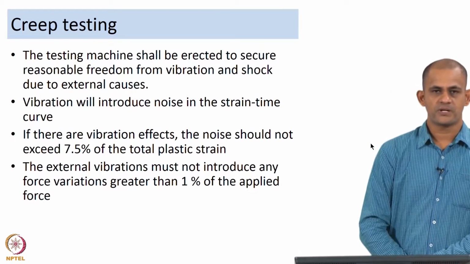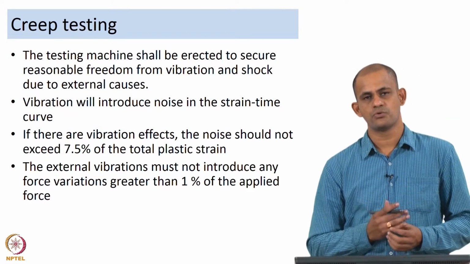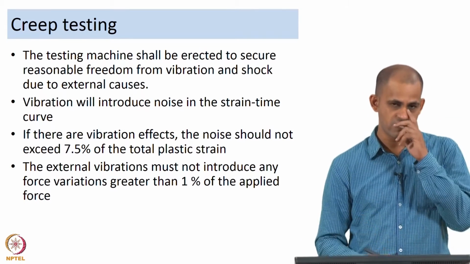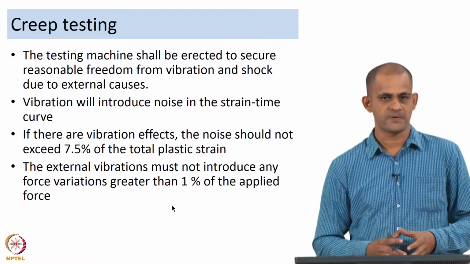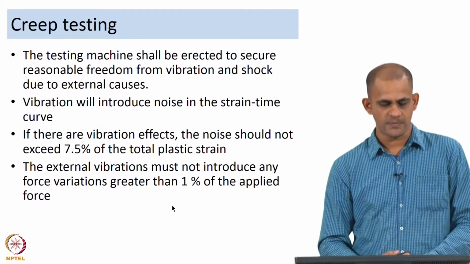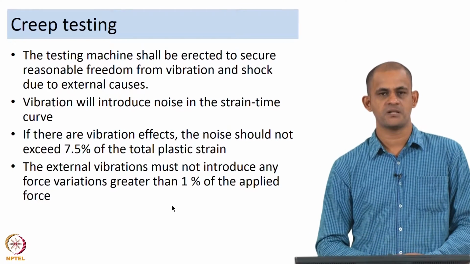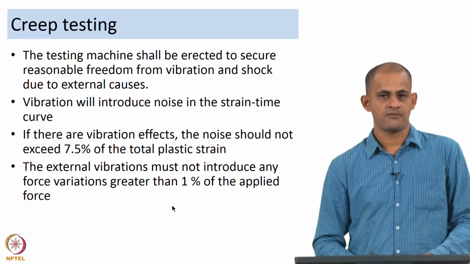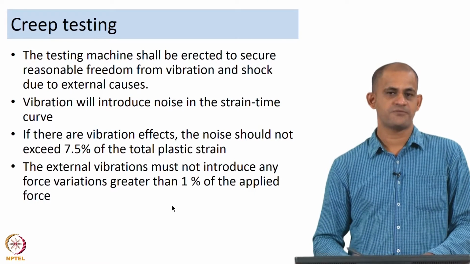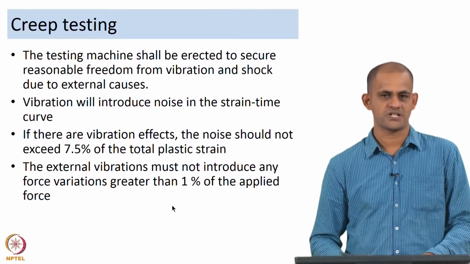Now, once you know the type of test that you are planning on doing, then what becomes important is the actual creep test. When you are doing your creep test and you have a creep testing machine, you have to ensure that your creep testing machine will be erected in a place which is free from vibration and shock due to external causes.